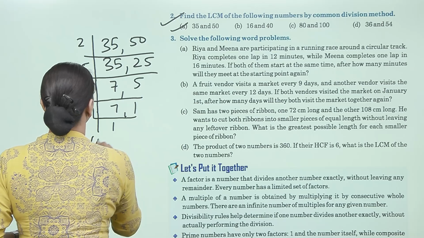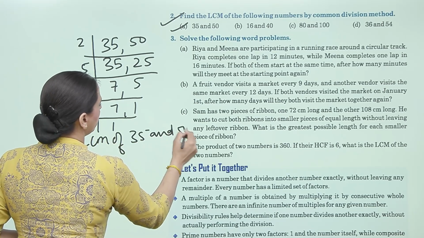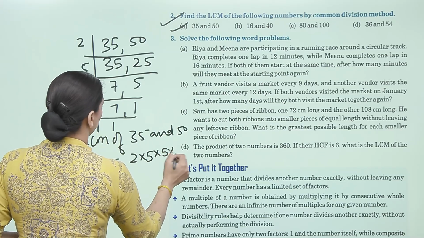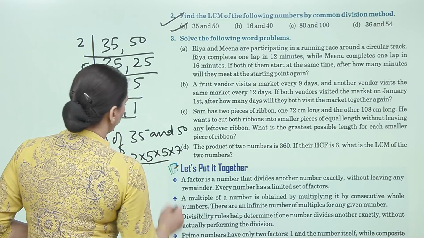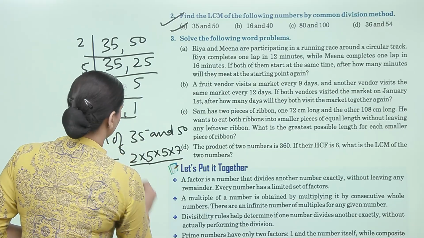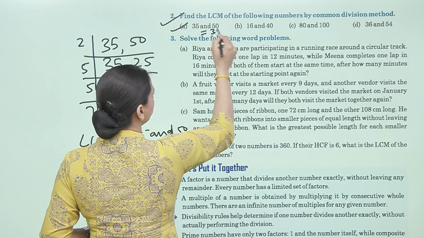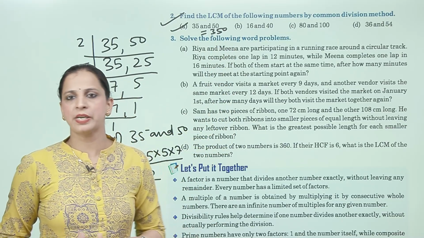So LCM of 35 and 50 is 2 into 5 into 5 into 7. 2 5s are 10, 10 5s are 50, 50 7s are 350. 350 is the LCM.